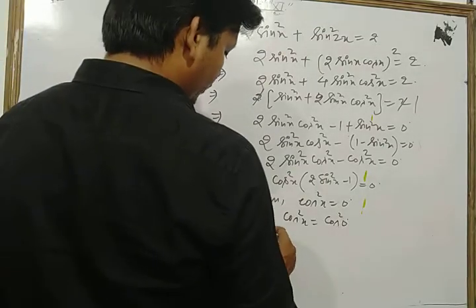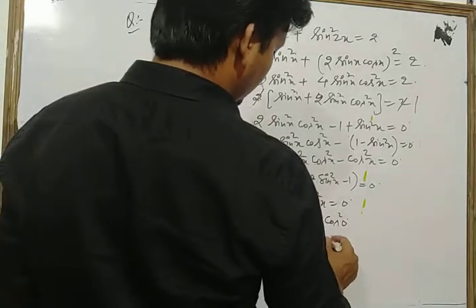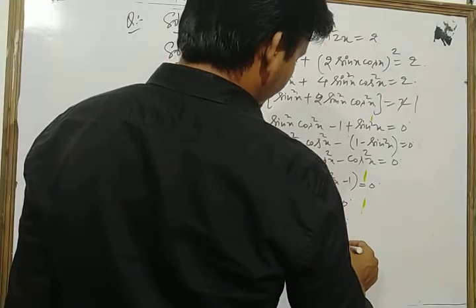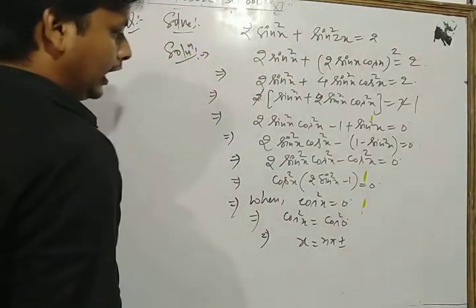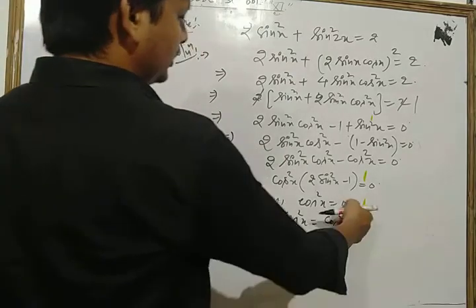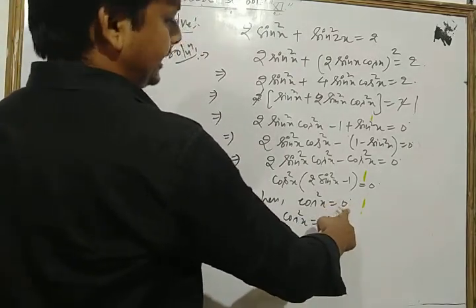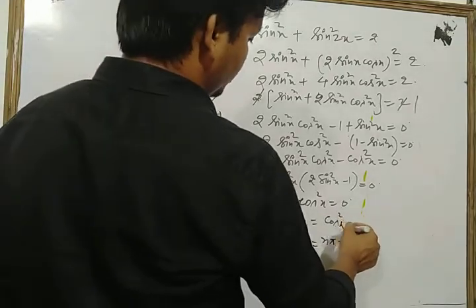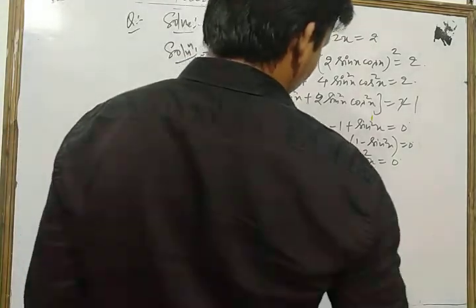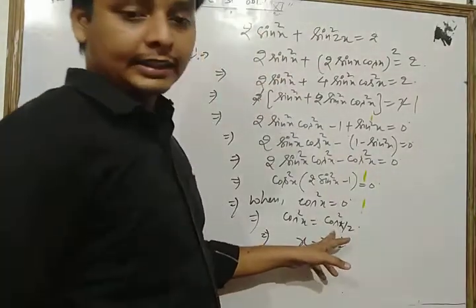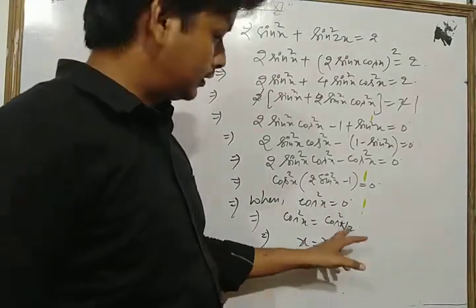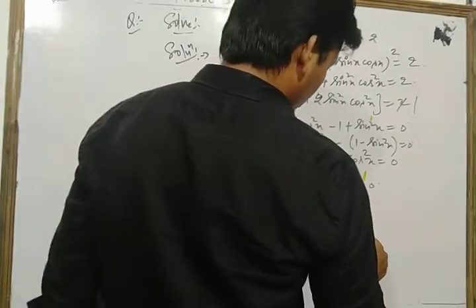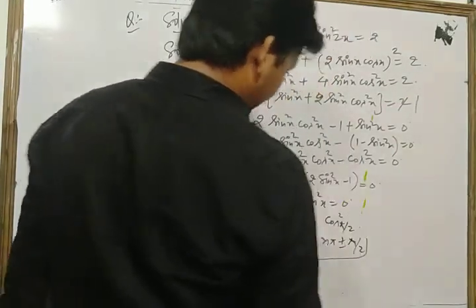So the general solution of that equation, x is equal to n pi plus minus alpha, so the general solution is n pi plus minus pi by 2. Hence this is one solution of this trigonometric equation.